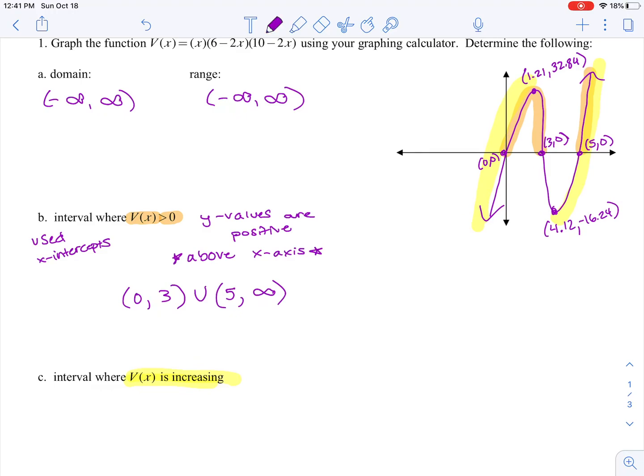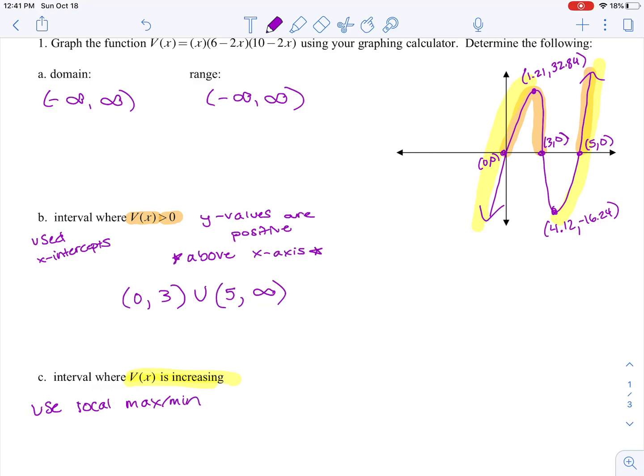So it looks like I'm going to be using my local max and min to help me with this problem. But remember that I'm only using x coordinates to describe the interval.